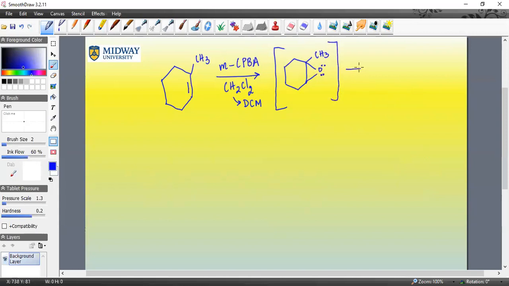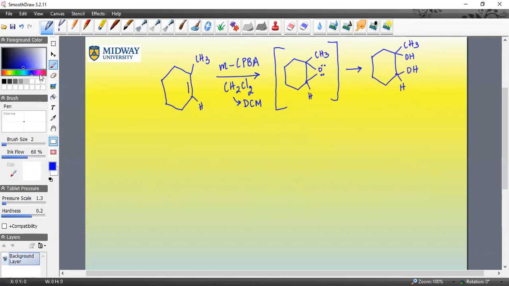And this in turn gets converted to, keep in mind there is a hydrogen here, so we can write that here. As I said, the epoxide chain is broken, and then you get the diol on adjacent carbons. Everything stays the same. An OH group goes here, another OH group goes here, and you get your hydrogen. So this is your diol, right?